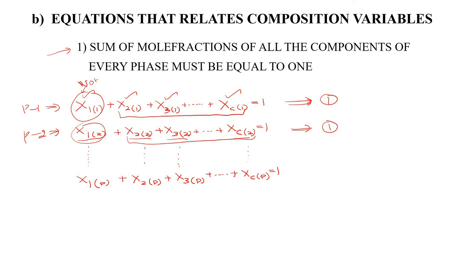For each phase, using the equation we can subtract one variable from the total. Since there are p phases, altogether p variables are to be subtracted from the total. These p variables need not be fixed because of this relation, that is, the sum of mole fractions of all the components of each phase should be equal to 1.